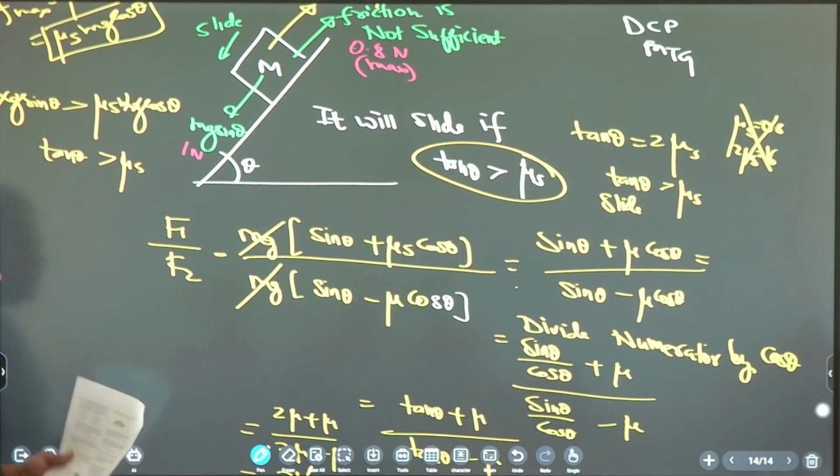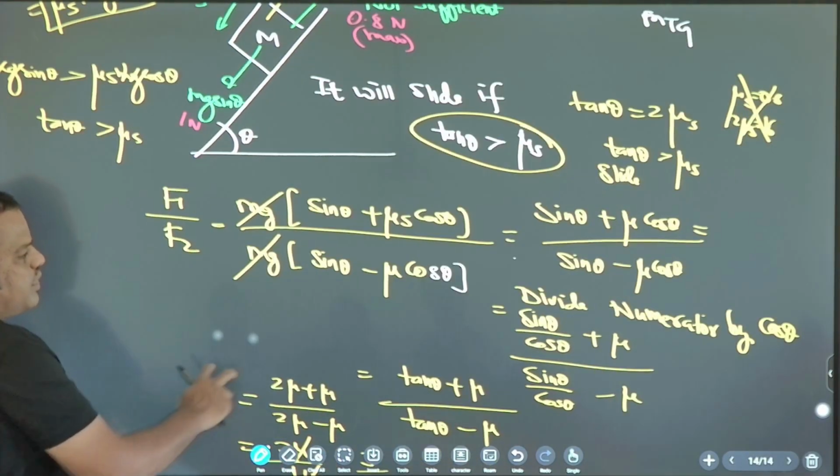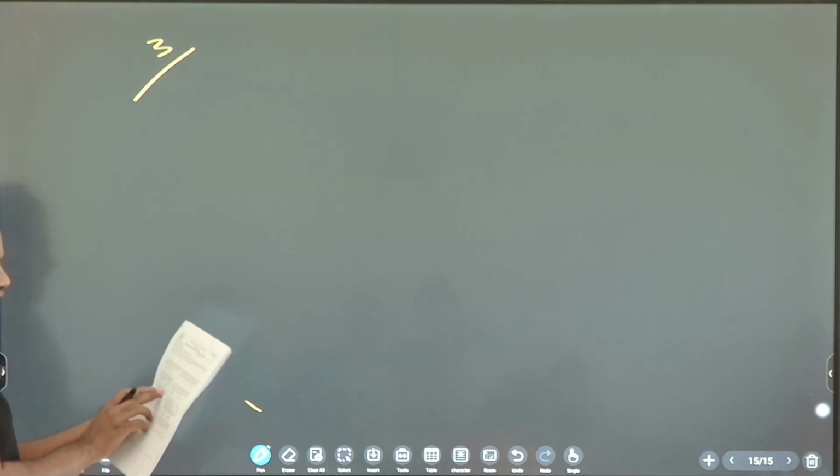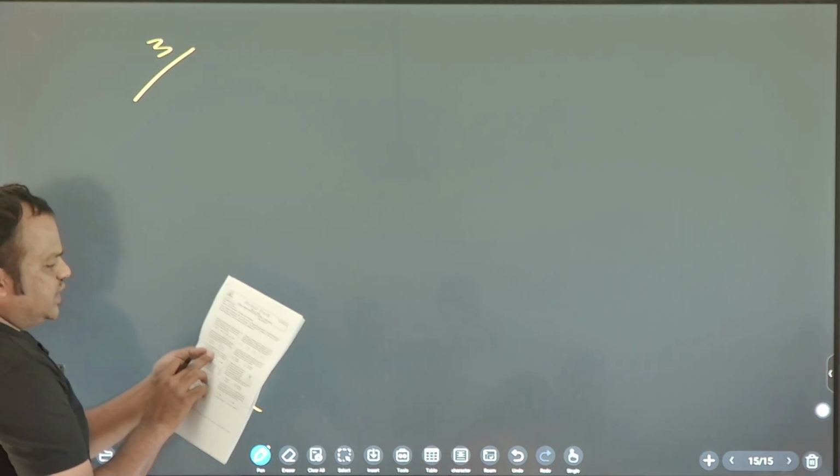Next question. Tell me. Stone dropped from height h. It hits the ground with certain momentum. When you drop something, suppose it is hitting like this, correct?